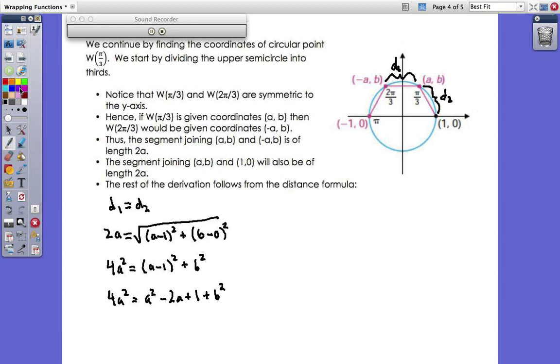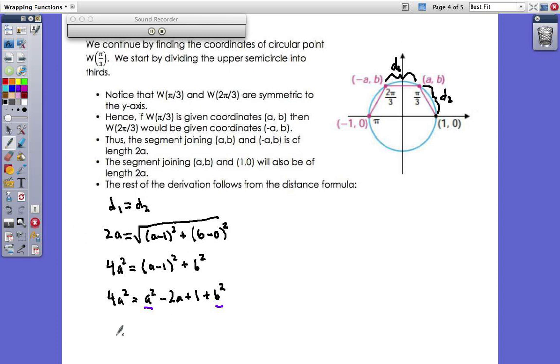The key at this step is to pay attention to the fact that you've got an a squared plus b squared on the right-hand side, and this is the unit circle, x squared plus y squared. Well, a is the x-coordinate and b is the y-coordinate, so a squared plus b squared has to be equal to 1. That's going to be true because we're on the unit circle. (a, b) is a coordinate on the unit circle. So a squared plus b squared is 1, plus another 1 makes 2.